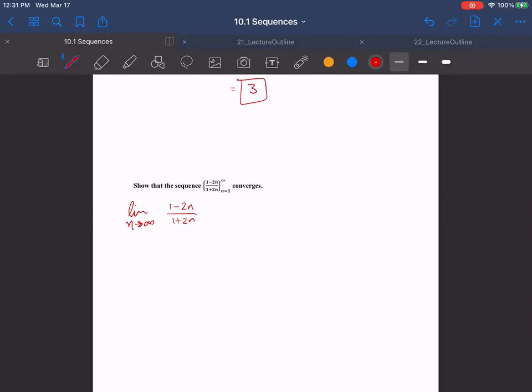What do you mean you use a quotient rule? Well, if we plug in infinity now, don't we get infinity over infinity? Oh. Or how about this one?